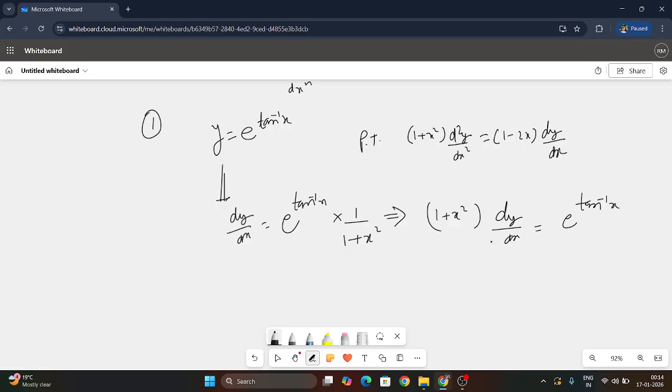So we differentiate it by the product rule. Differentiating, we get 2x dy by dx plus (1 plus x square) times the double derivative of y with respect to x, and on the right side, differentiating e to the power tan inverse x gives e to the power tan inverse x divided by 1 plus x square.